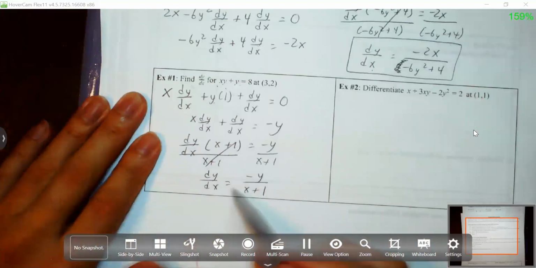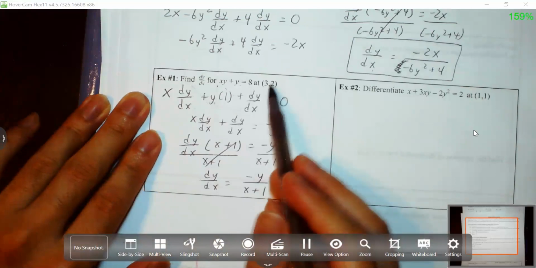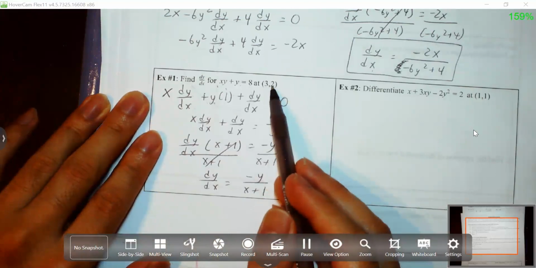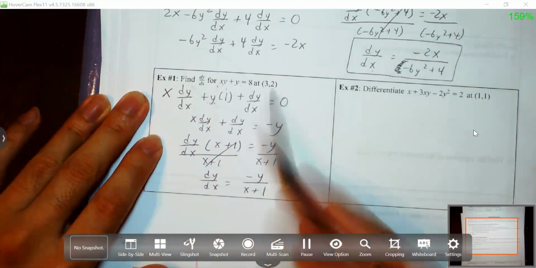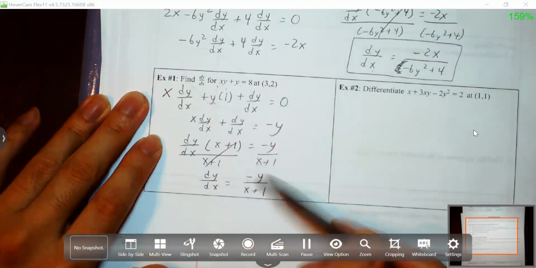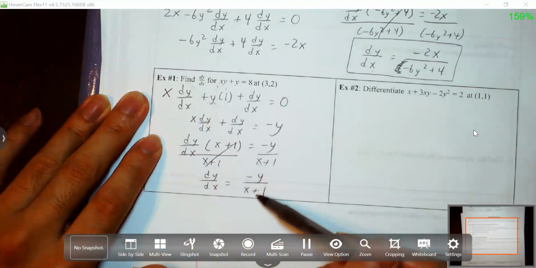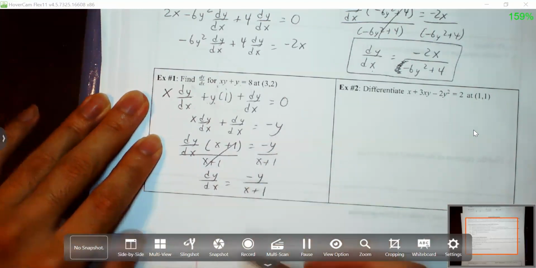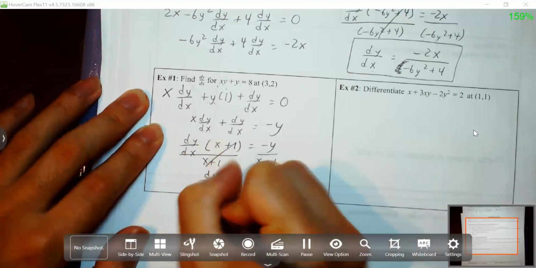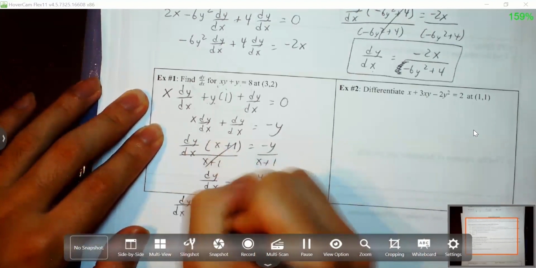So if I want to find the value of the derivative, I just plug in my x and my y. So here they can't just give you an x if it's an implicit differentiation, because our equation will usually come with x's and y's. So they give us the point (3, 2). We plug in 3 for x, 2 for y. So dy/dx at (3, 2).